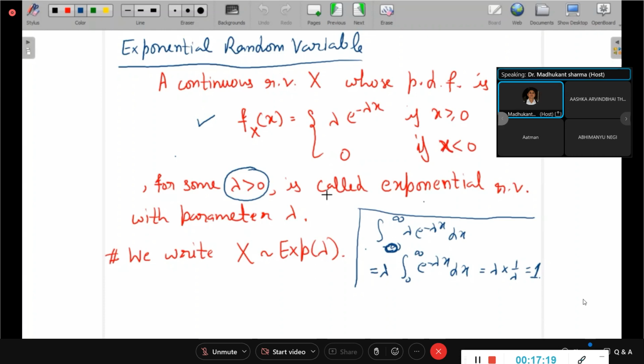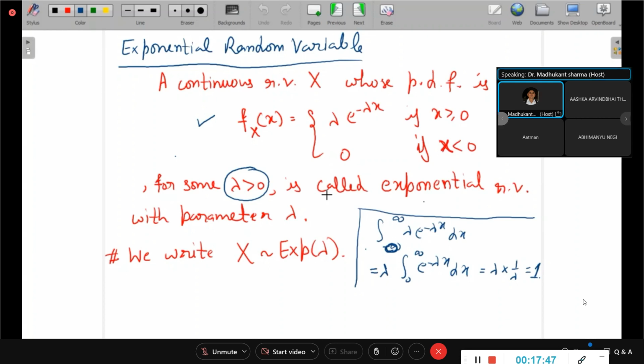And what is the practical use of this? It is going to give you the distribution of the amount of time. It's like a continuous version. For example, you can look at the distribution of the amount of time until you receive a call.